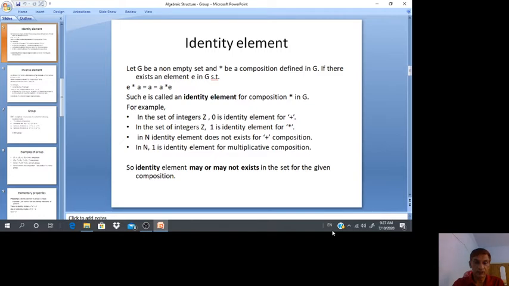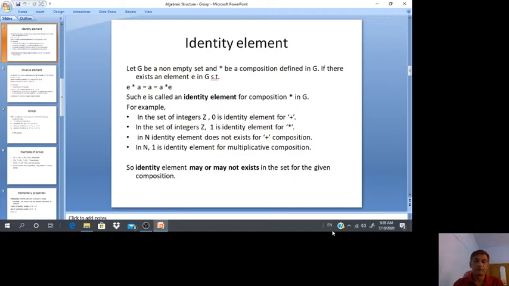In the set of natural numbers for the composition addition, we do not have any element E for which E plus A is A and is the same as A plus E. What does it mean? It means that in the set of natural numbers for the composition addition, an identity element does not exist.